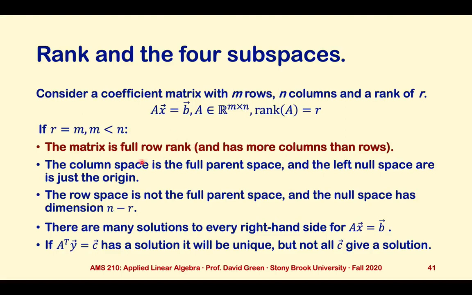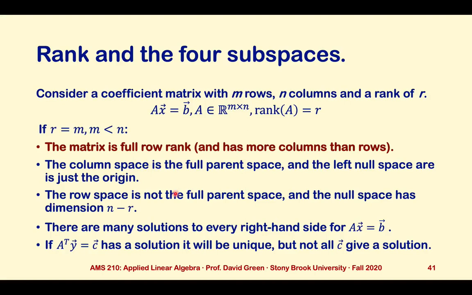In this case, the column space is the full parent space. The column space lives in Rm. It has dimension equal to the rank. If the dimension is m, it's all of the parent space. That means the left null space is just the origin.